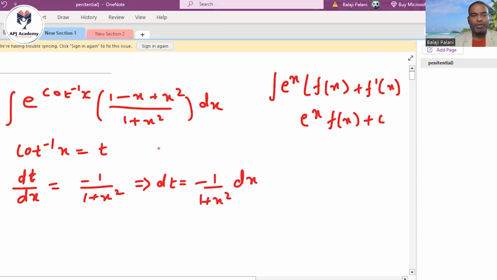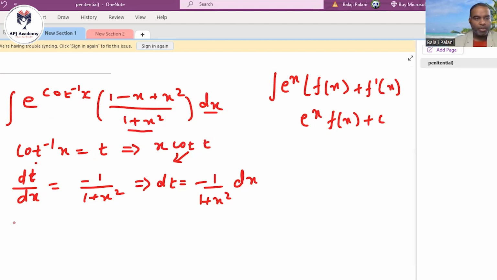So in the question, the dx by 1 plus x square part can now be replaced with dt. Alright. And another thing we can do is, from this, x is equal to cot t. Can you understand this? Cot inverse t shifts over and becomes cot. So now rearranging the entire question in terms of t, you will have e power t into 1 minus x.